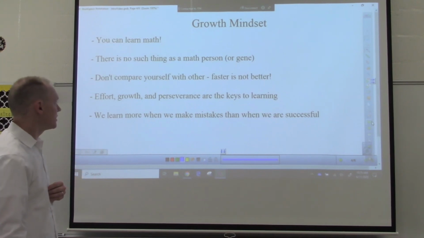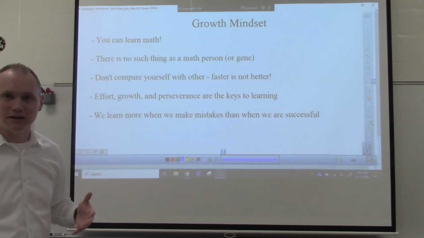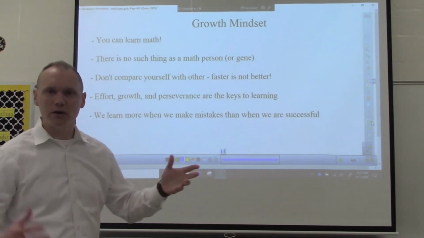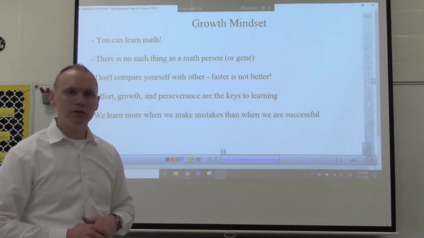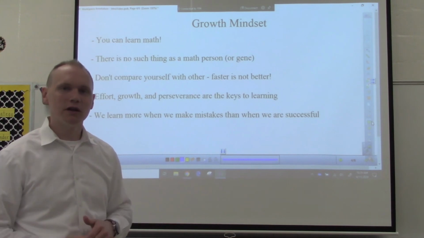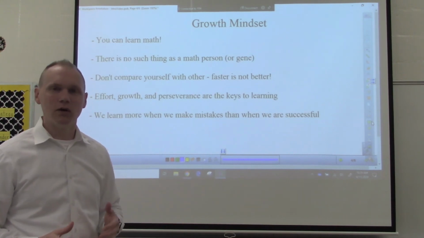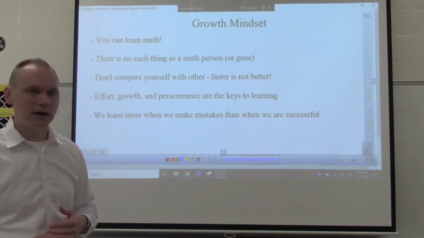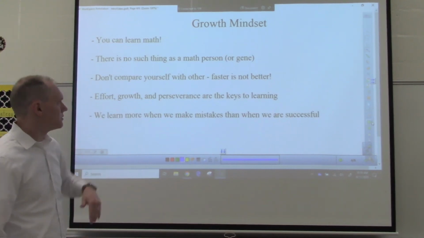Second, there's no such thing as a math person or math gene. We talk about I didn't get that from my parents, or my parents weren't good at math, so I'm not good at math. I want to let you know there's no such thing as a math gene. Like I said before, we can all be successful in mathematics. Don't compare yourself to others.